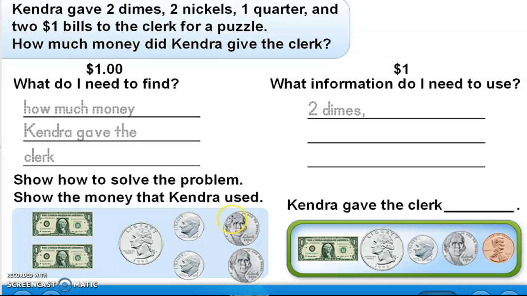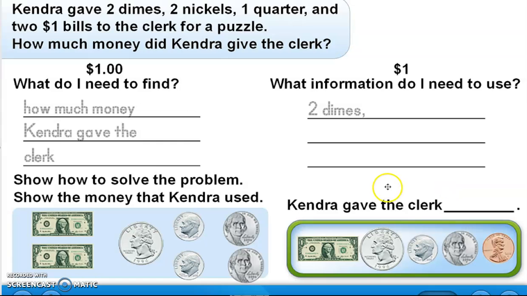And then we lastly add the 2 nickels. And so remember, 2 nickels is equal to 1 dime. So we have 5 10 cents here, right? So we can add another 10 cents. So $2, $2.25, $2.35, $2.45, $2.50, $2.55.